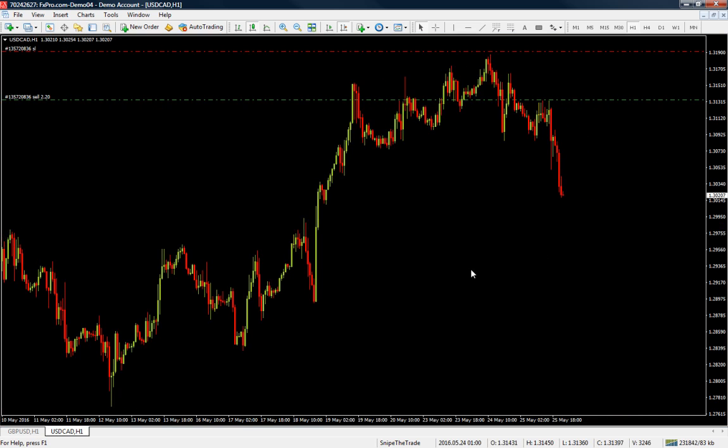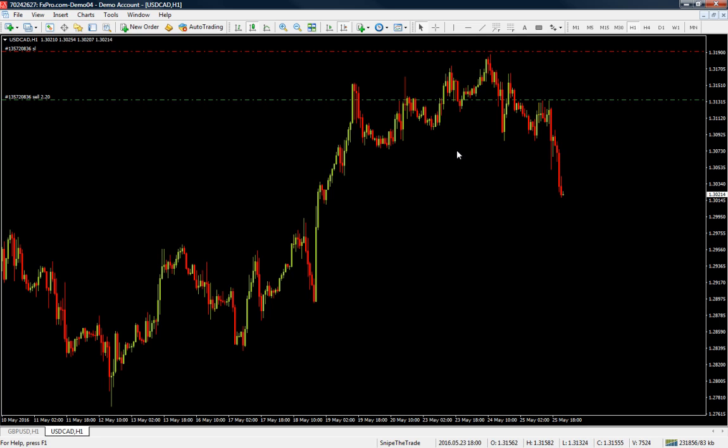Now, when you are looking to take a trade, you always have to think about it this way. Where is the level that invalidates my trade idea? If I'm going long, or in this case, if I'm going short, where is the level that price has to hit that invalidates my idea?